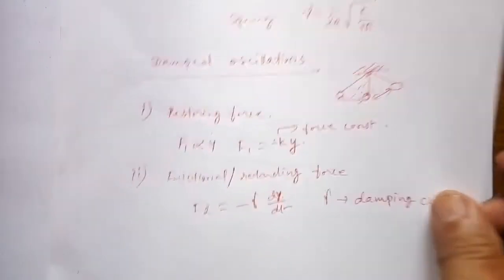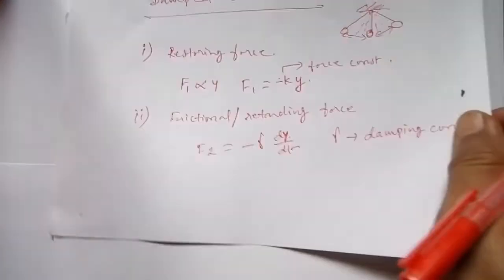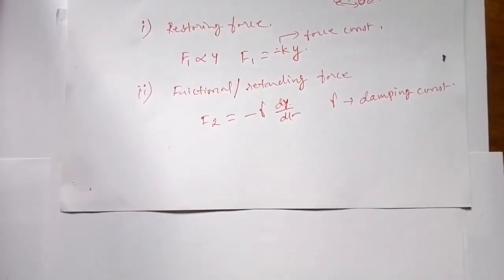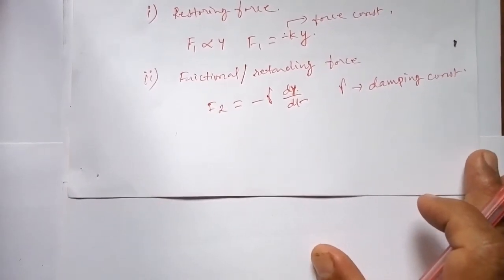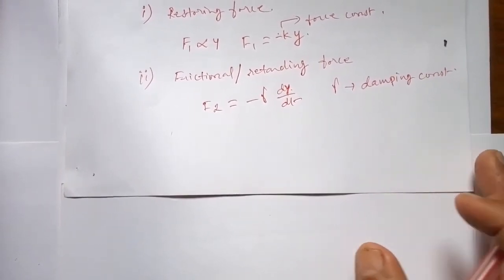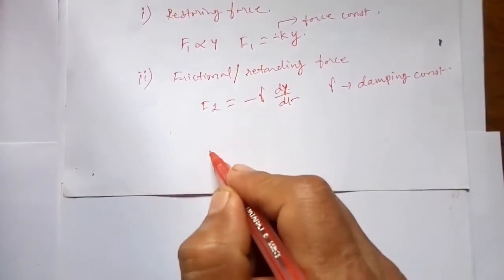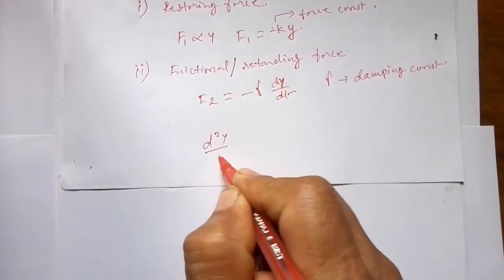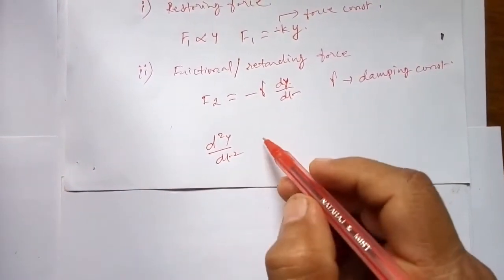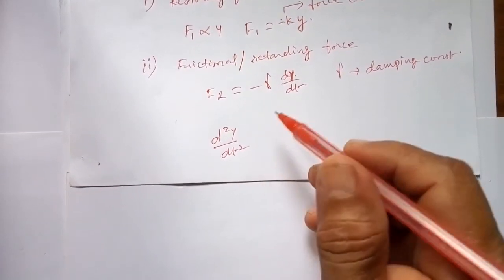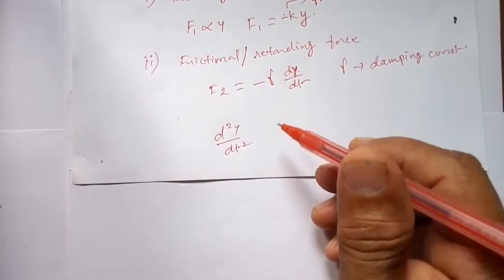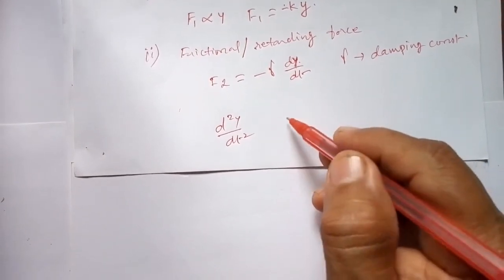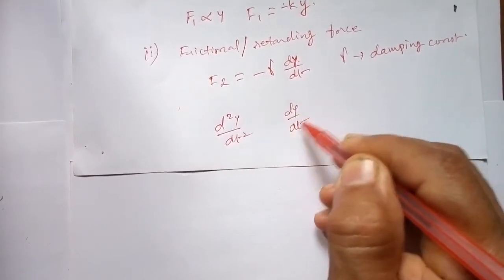If m is the mass of the vibrating particle or body, its acceleration is d square y by dt square, it has a displacement y, and it is moving with velocity dy by dt.